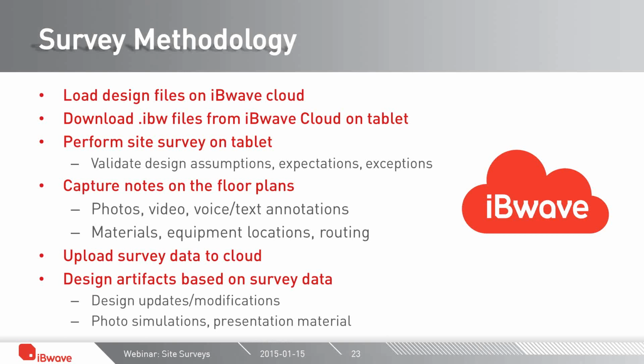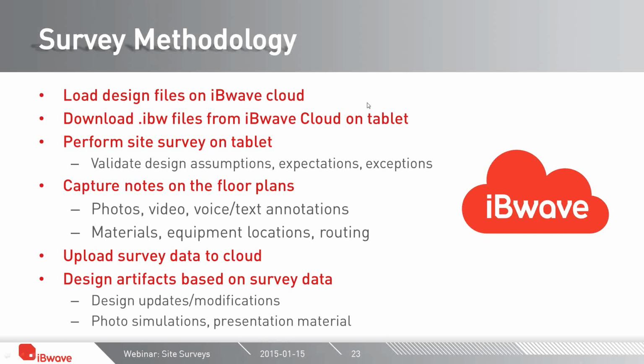So our methodology, again, maybe just to refresh that a little bit, typically the iBwave design file, at least the basic file, is created prior to the survey. That then gets pushed up onto the cloud. That file from the cloud is then pulled down onto the tablet, and then the survey is conducted out in the field, all those validation activities that we talked about.